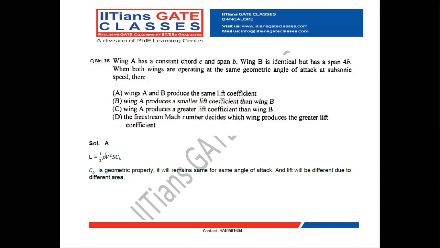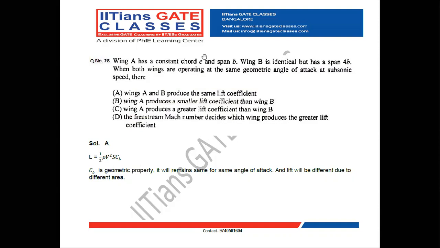So lift is directly proportional to wing area and CL. Since wing area increases, lift increases on wing B, but the lift coefficient remains the same because we are not changing the angle of attack, and at the same time wing B is identical.